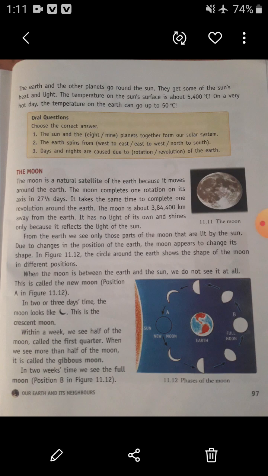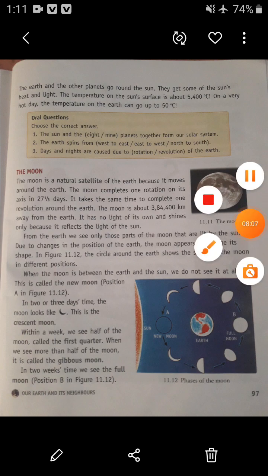On a very hot day, the temperature of the Earth can go up to 50 degrees Celsius. So my dear students, on a very hot day, the temperature of the Earth can go up to 50 degrees Celsius.